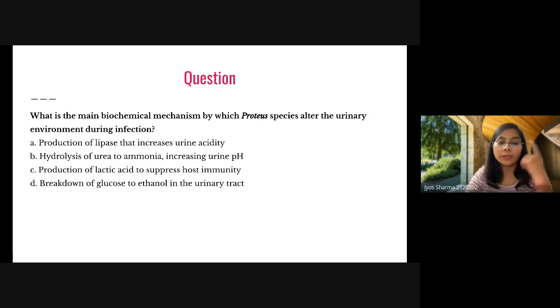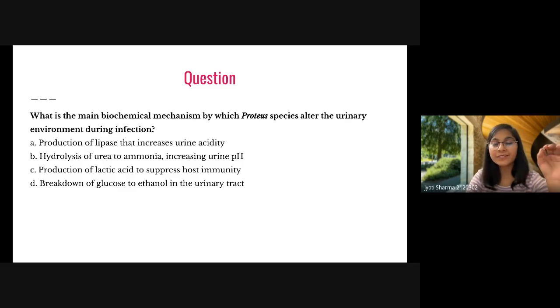And whenever there is conversion of urea to ammonia, this means urea is acidic in nature and ammonia is not. Ammonia is alkaline, basic in nature. So if we are converting urea to ammonia, we are changing the pH from acidic to basic, which means we are increasing the urine pH.